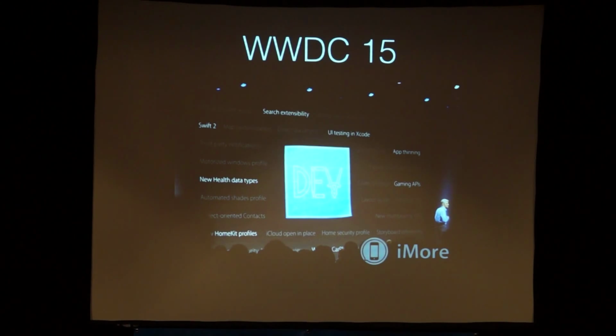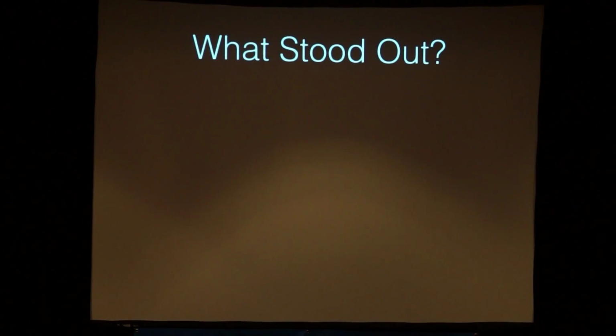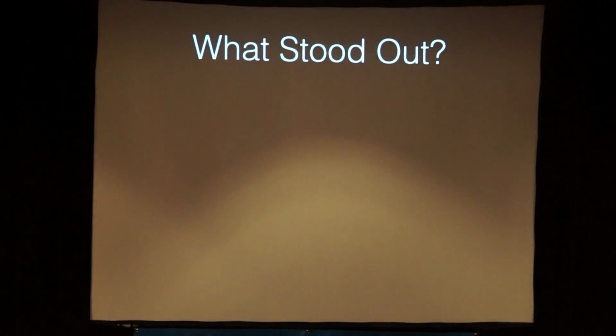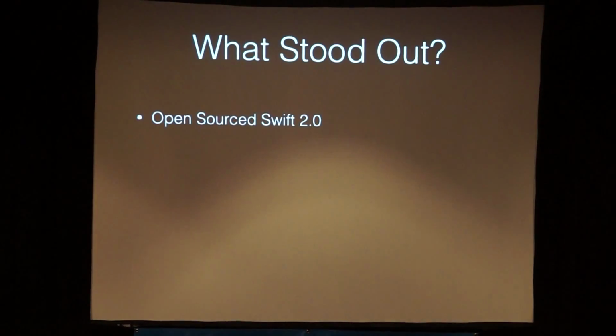There were also a few of these other pieces, gaming APIs, some more improvements to HomeKit. But here's what actually stood out for me, was the open sourcing of Swift 2.0. This was another piece where I believe there's more PR involved in this than when you started really digging into and seeing what they actually were open sourcing, or what they had open sourced.